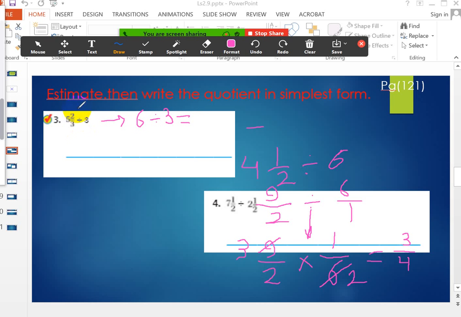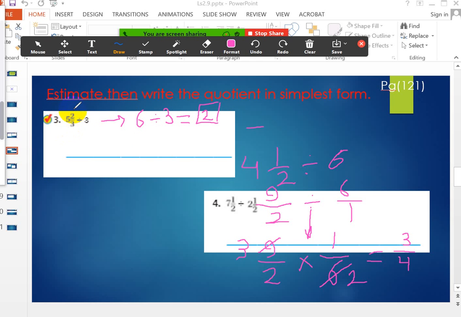So the closest number able to divide on 3 and close to 5 and 2 over 3 is 6. Okay? 6 divided by 3 equals 2. Now, Lena, could you please help me to find the correct answer, so this is the estimate.